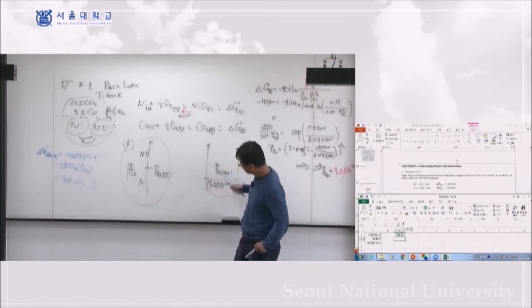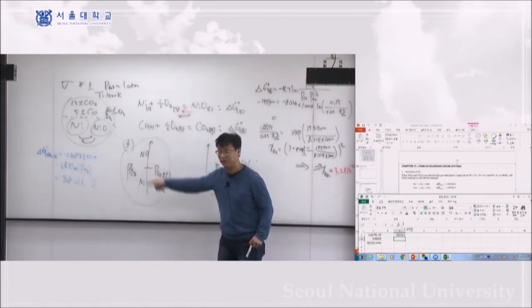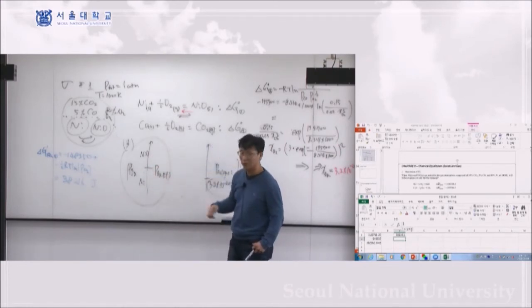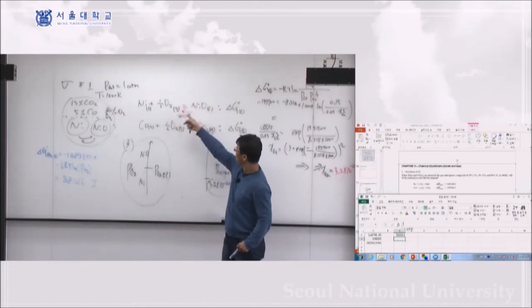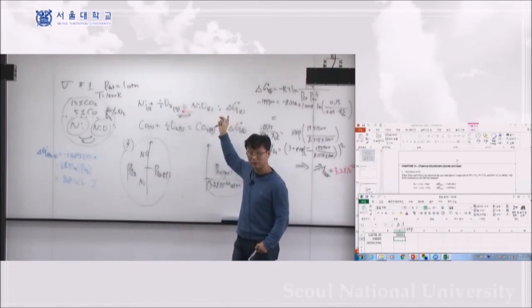In order to do that, we know this value, now we have to calculate this value. I don't care about other environments. I have only nickel and nickel oxide. What would be my equilibrium partial pressure of oxygen? Then I'm using just reaction 1 only.